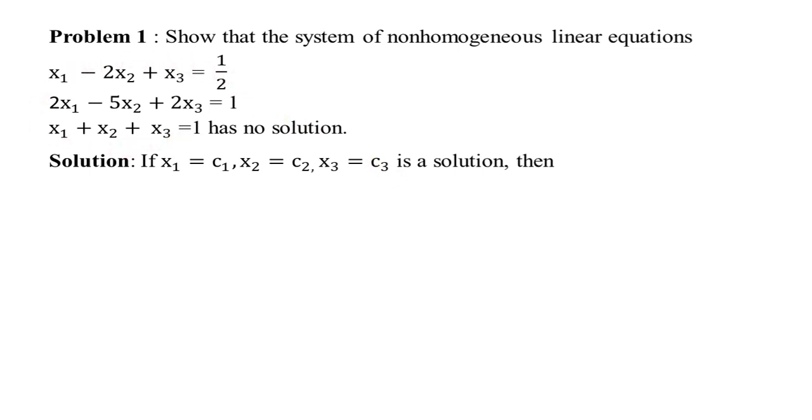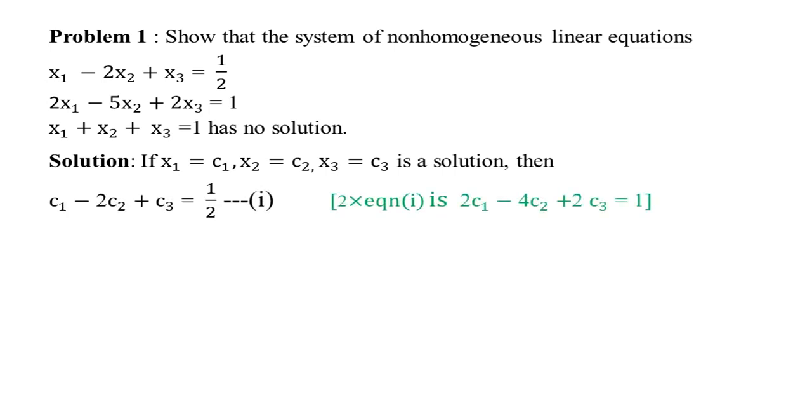We get three new equations: c1 minus 2c2 plus c3 equal to half, that is equation number 1. 2c1 minus 5c2 plus 2c3 equal to 1, that is equation number 2. c1 plus c2 plus c3 equal to 1, that is equation number 3.